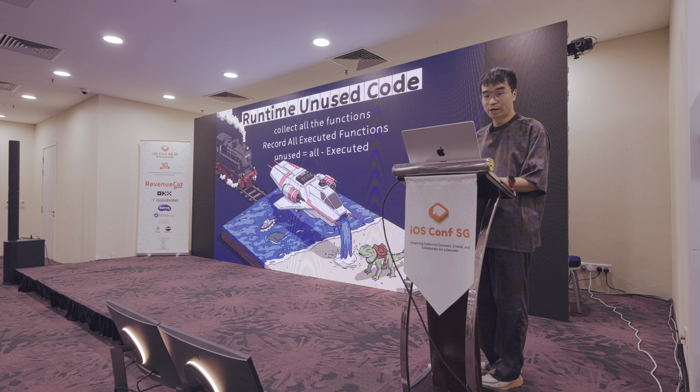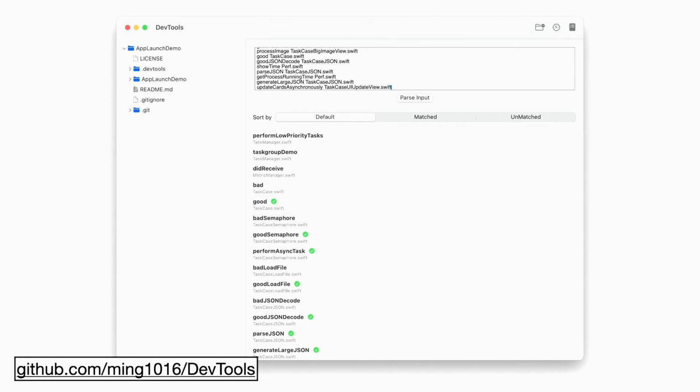By subtracting the functions that are actually called from the total list, we can identify unused functions. In the tool, just click the button in the top right corner, and it will show a list of all functions, with the ones that were executed marked.